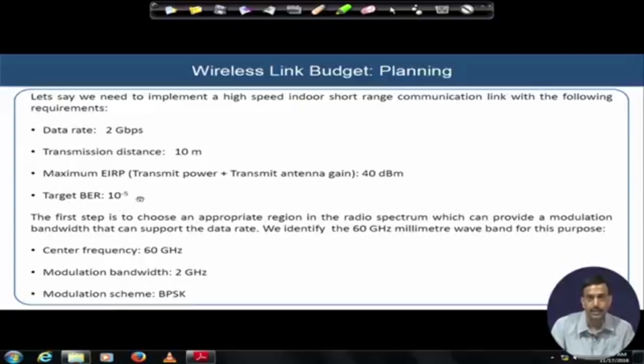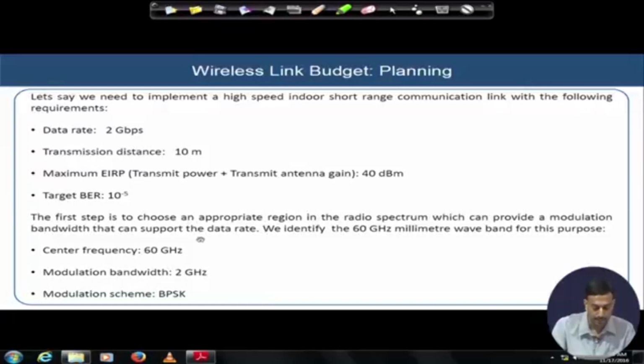we are going to design the link budget. Considering that we have these requirements of data rate, transmission distance, and maximum EIRP, we have to identify a proper region in the radio spectrum which will be able to support this kind of requirement.